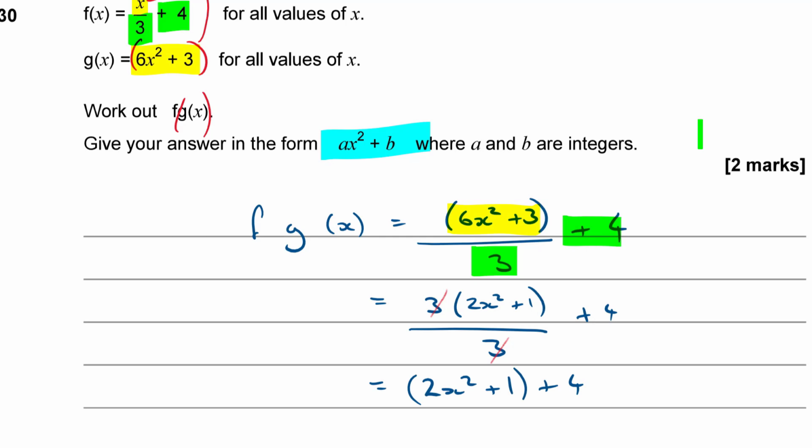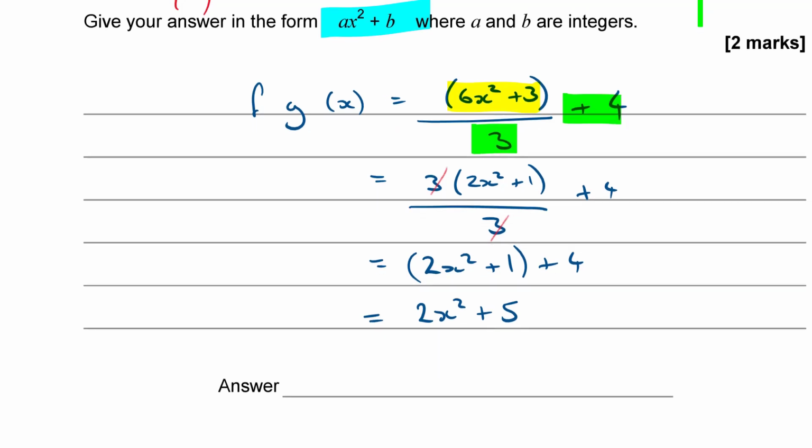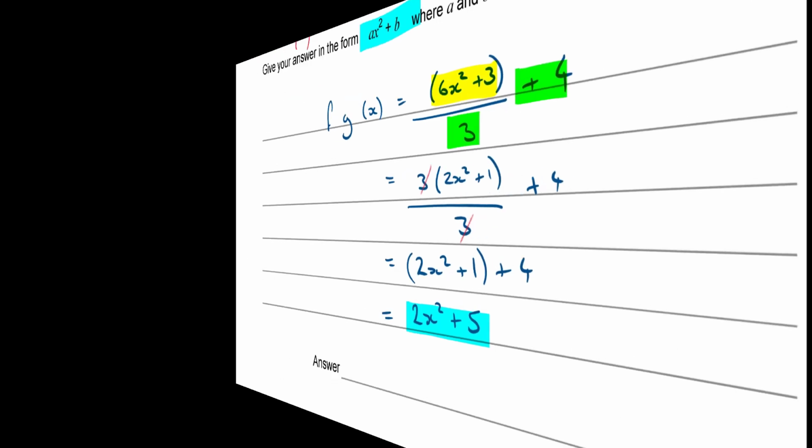Adding my 1 and my 4 together, I get 2x squared plus 5 as the final answer. That is in the right form: 2x squared plus 5 is in the form ax squared plus b. So a is 2, b is 5.